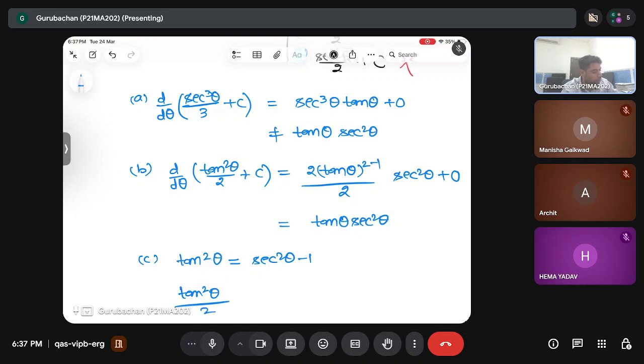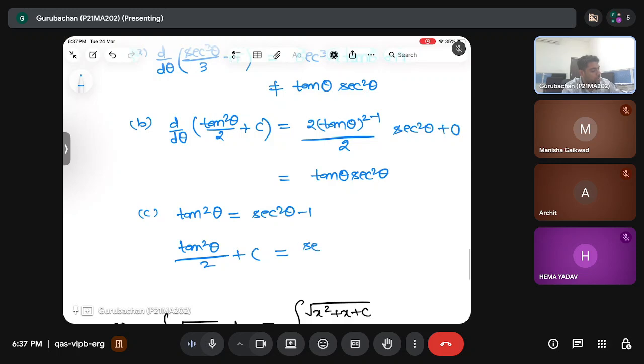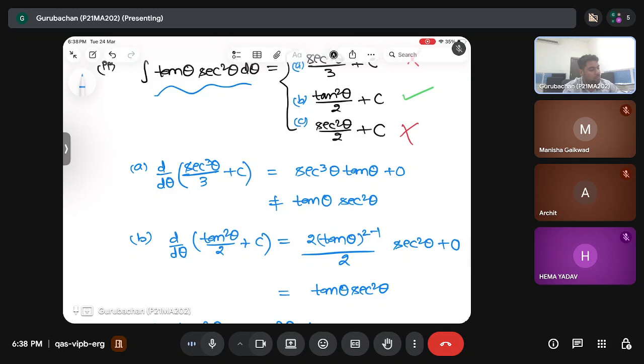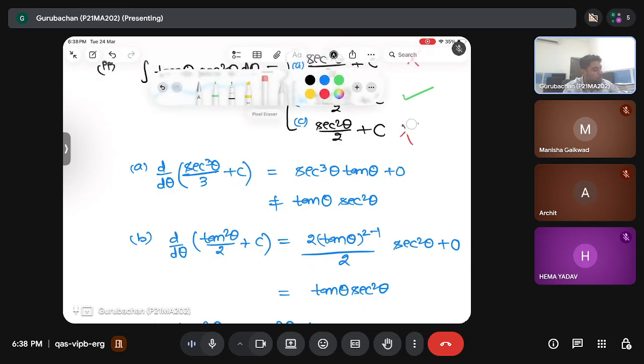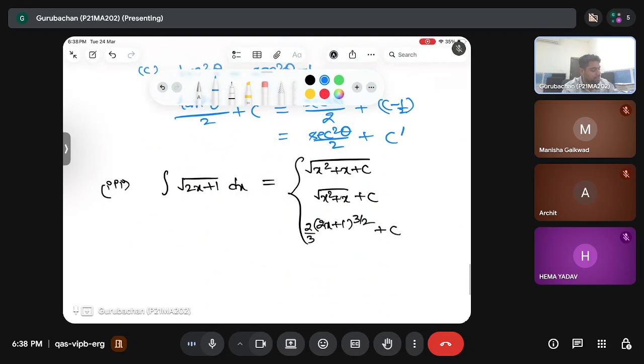This can be written as secant square theta divided by 2 plus c minus 1 by 2, which can also be written as secant square theta divided by 2 plus a new constant c dash. When you differentiate, you will get the same thing, sec theta into sec theta tan theta, which gives secant square theta tan theta.